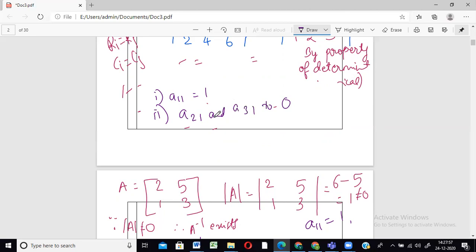A21 is second row, first column. Then the third step is you will make A22 equal to 1. And the fourth step is you will make A12 and A32 zero.